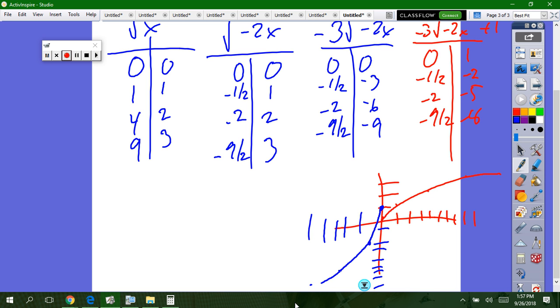See how it got steeper. Why did it get steeper? A horizontal stretch, because we multiplied it by 3, right? We did a horizontal shrink, sorry, because we put all our numbers in smaller numbers than it used to be, right?